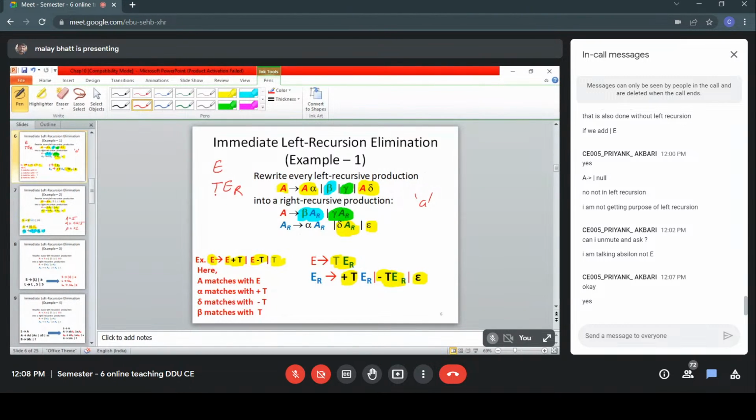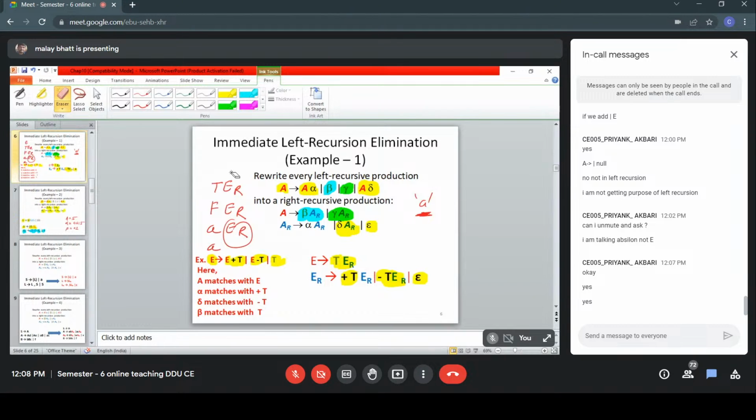Now for T, I have F, ER. Now F, I will replace with A, ER. So I have already generated A, and now I know there is no need to generate plus, minus or anything from this ER, so I can replace it with null. Is it clear? So we'll use null only when we cannot generate the current input symbol from the given non-terminal. At that time, we'll try the null alternative.